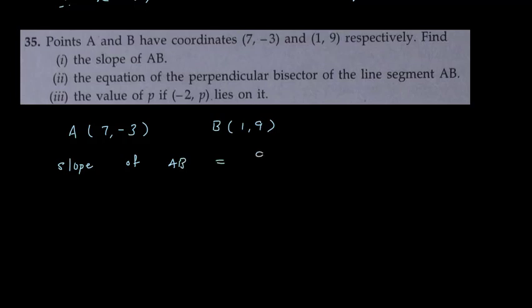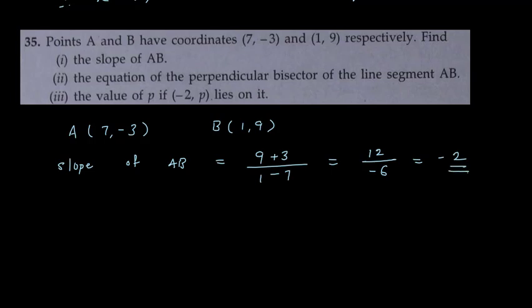Slope of AB is 9 plus 3 divided by 1 minus 7. 9 plus 3 is 12, and 12 divided by minus 6 is minus 2. This is the slope of AB.